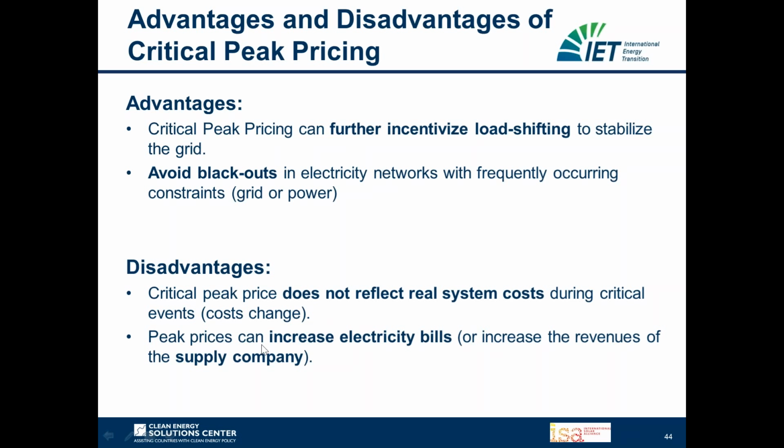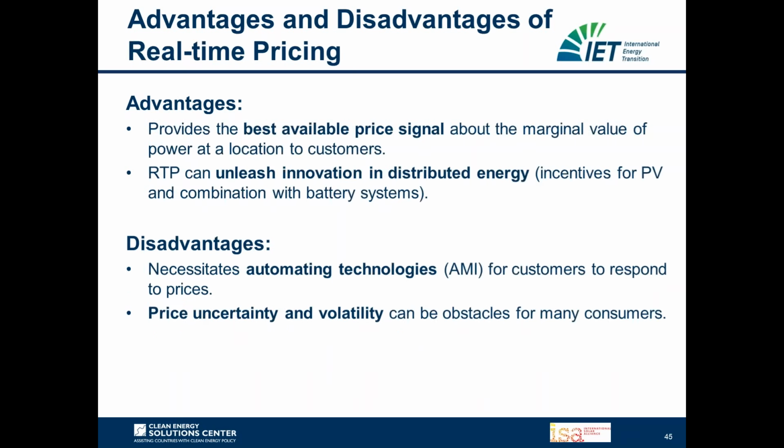And peak prices can also increase the electricity bill quite significantly, which could, if you have an unbundled market, actually favor the supply companies who simply get an increased electricity bill, even though they might actually procure the electricity for less money themselves, and just take the revenues on their own.